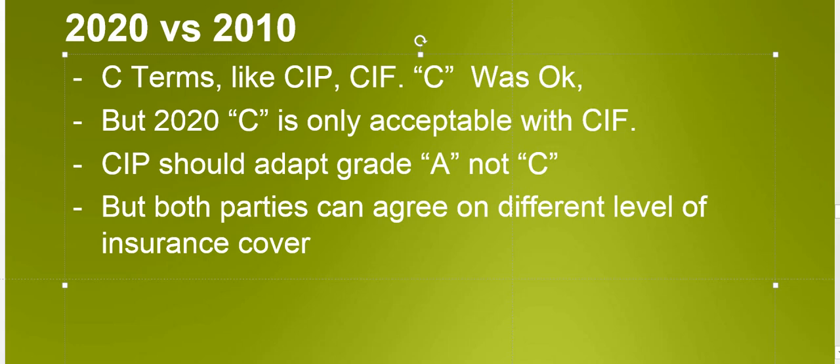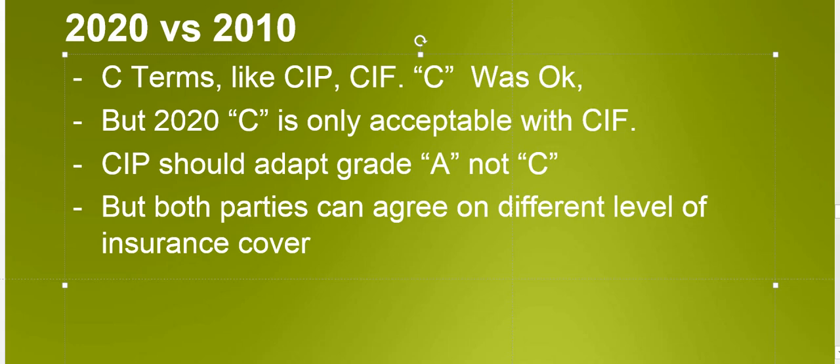In C terms of Incoterms, the risk during the transportation is on the buyer. So the buyer wants higher insurance cover. To the contrary, the seller should pay the cost for insurance, but the beneficiary of the accident claim is not him. It's the buyer.